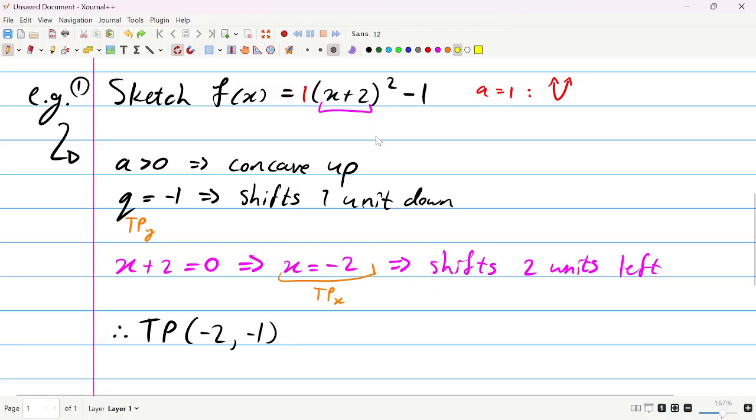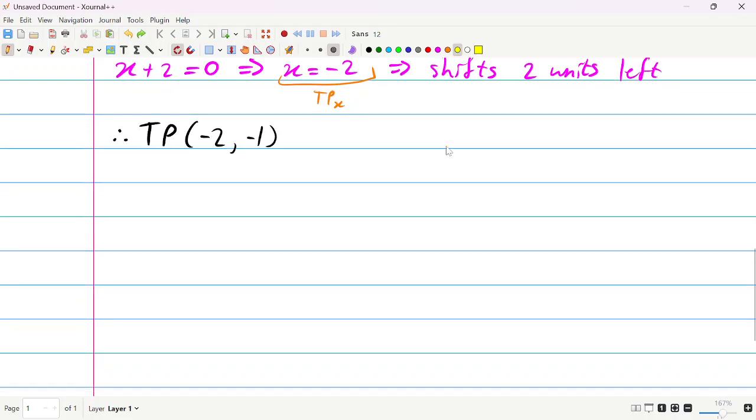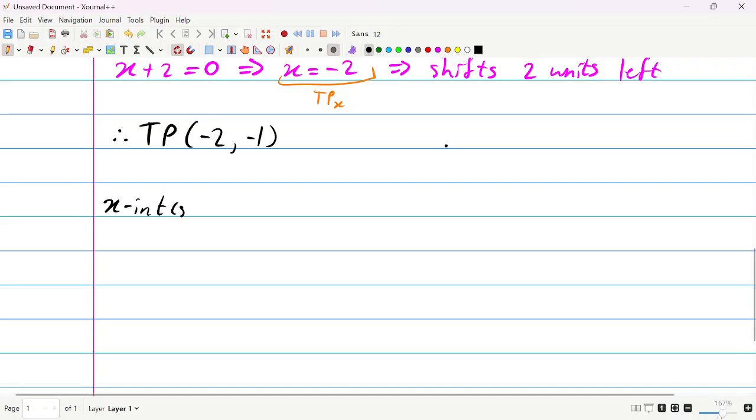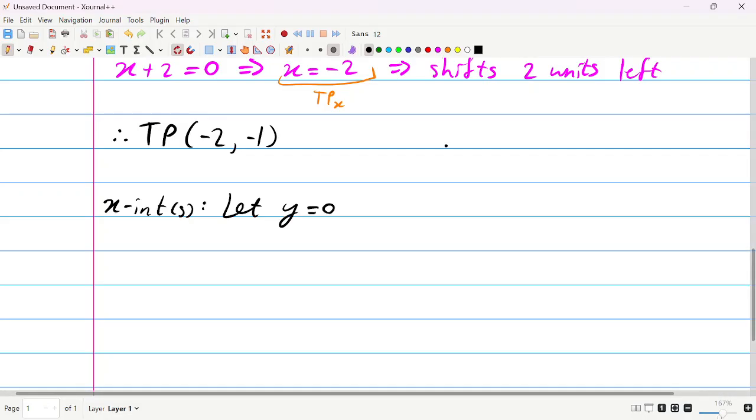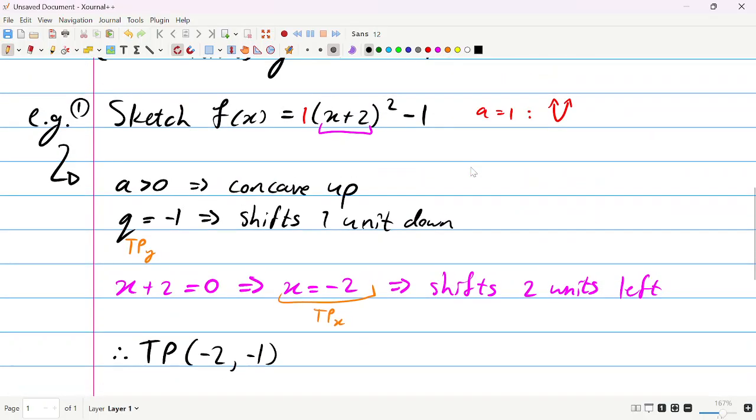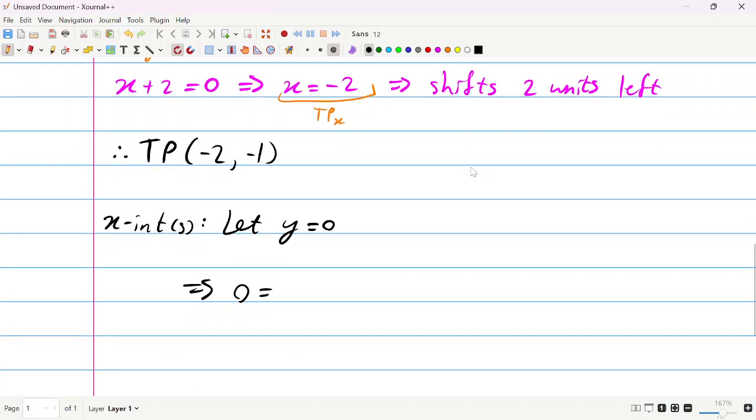Remember, in a function, you need intercepts. So how do we find the x-intercepts? To find the x-intercepts, we let y be equal to 0, right? Such that what this implies to us is we let f of x be equal to 0, such that we have 0 equals this turning point form here, which is x plus 2 squared minus 1.